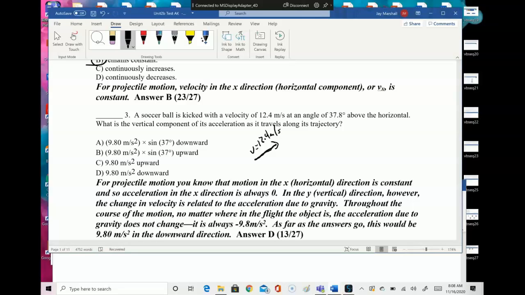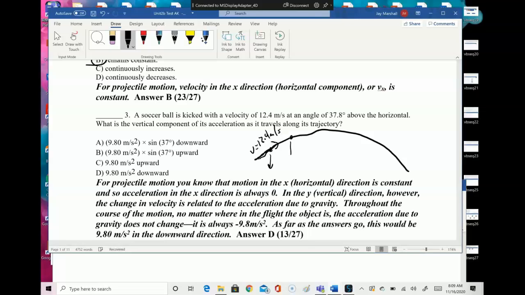What is the vertical component of its acceleration as it travels along its trajectory? Okay, it's just the acceleration due to gravity, right? Right here at this point, the acceleration is downward at 9.8 meters per second squared.